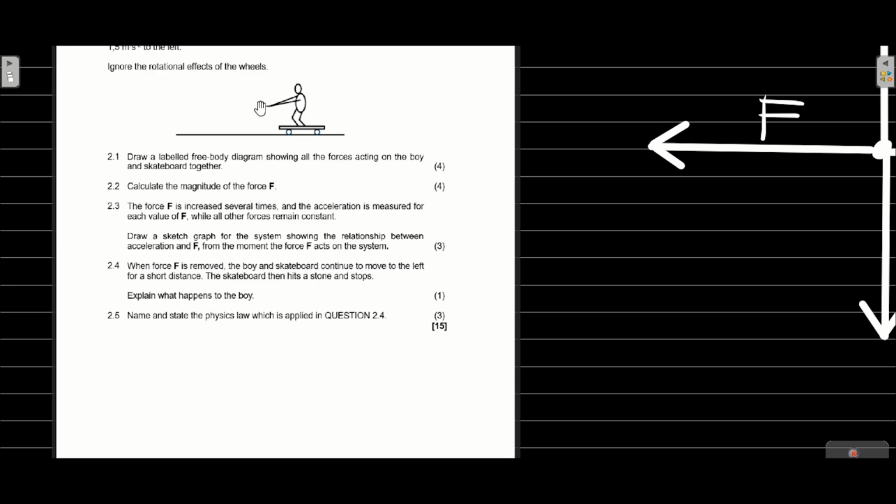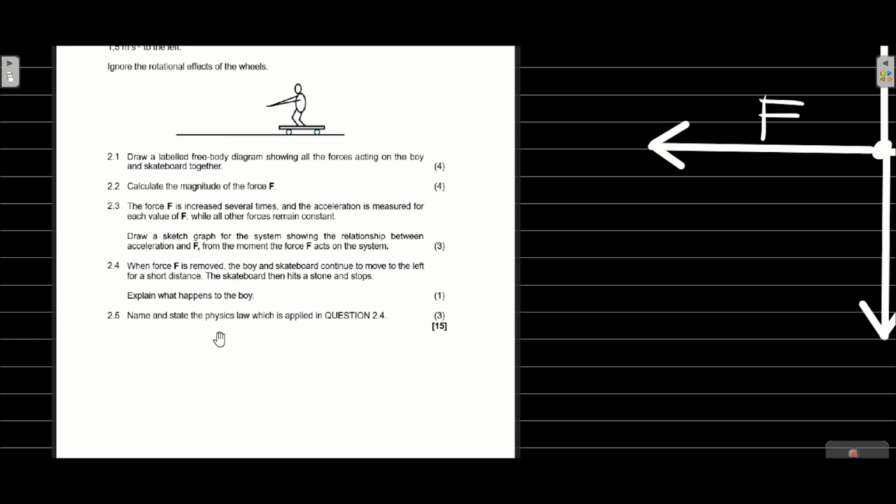Remember, the force was removed from the boy and the skateboard, so it kept moving, it remained in motion. But an opposing force stopped the skateboard, but the boy didn't experience an opposing force, and therefore the boy continued to move because no other forces were acting on the boy.